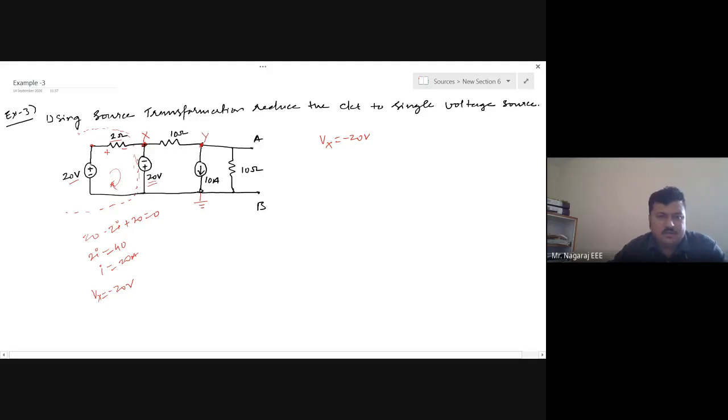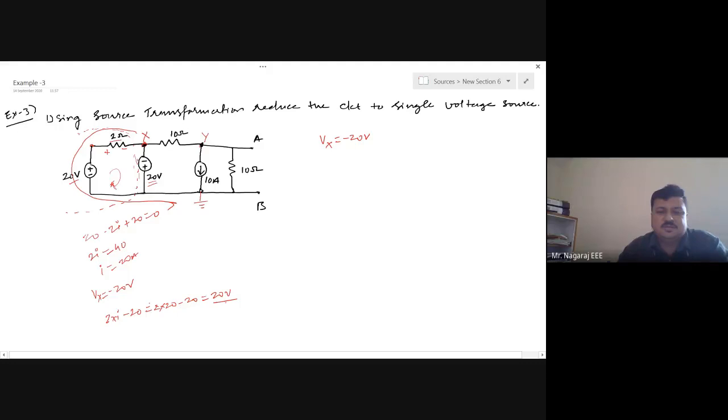Now if I take Vx and trace the circuit from x to ground, then it will be 2 into i minus 20, which is 2 into 20 minus 20, equal to 20 volts.